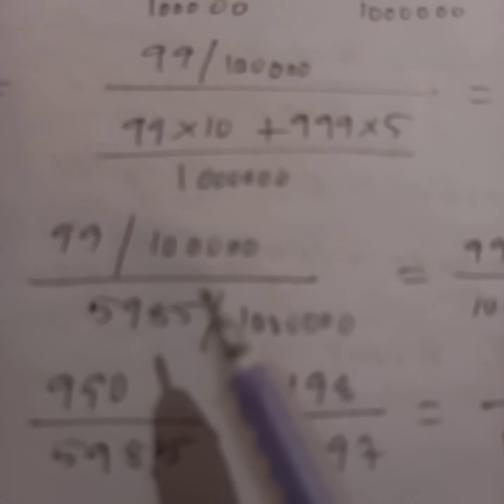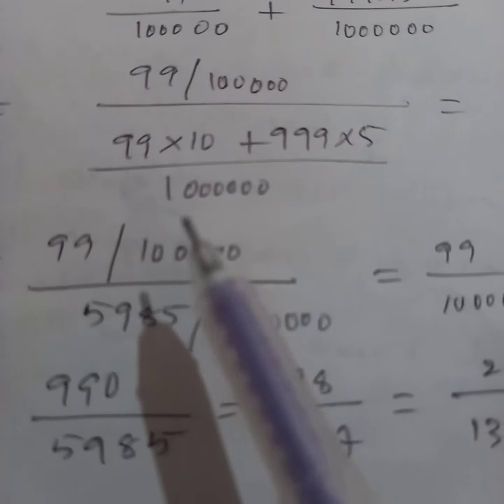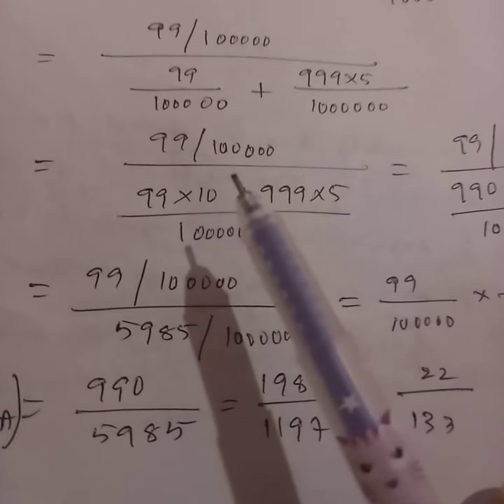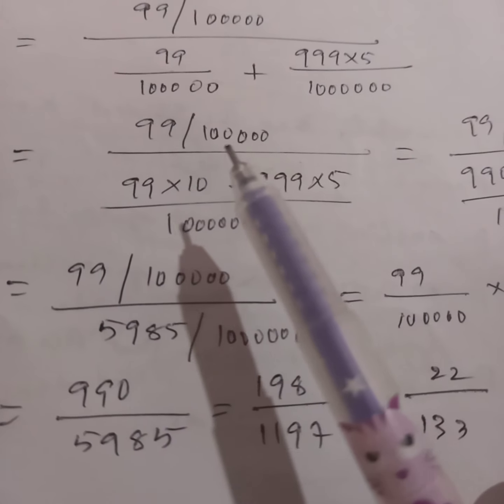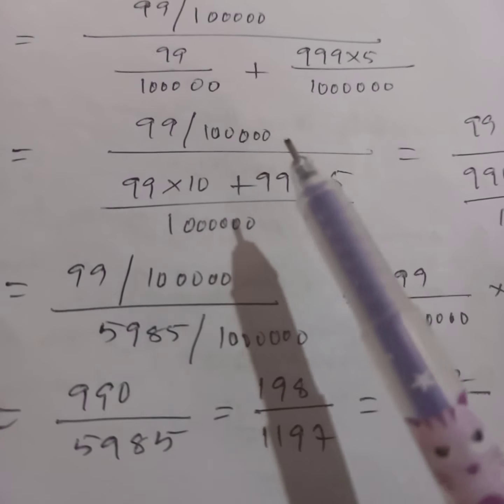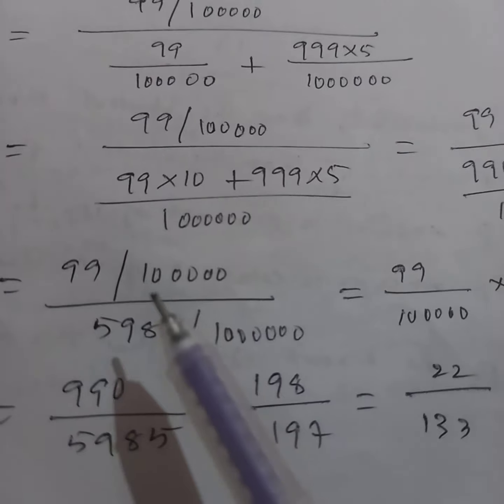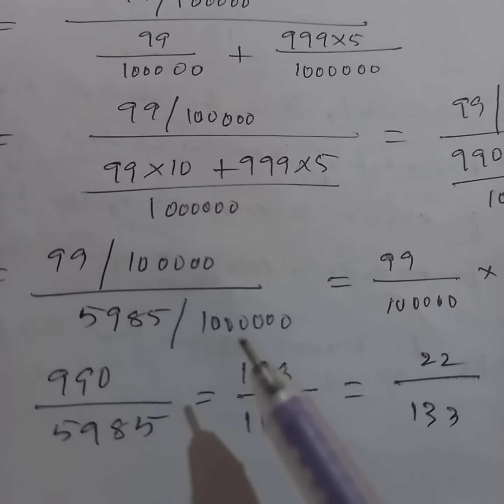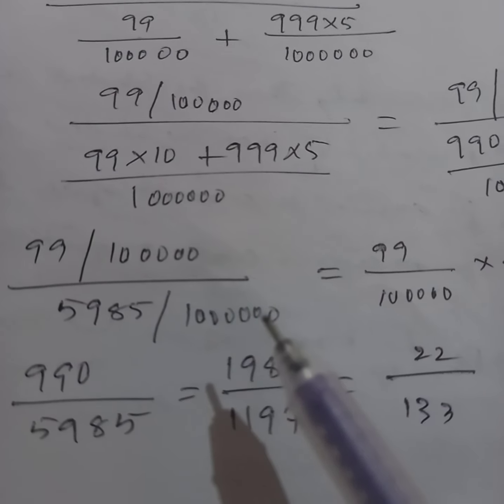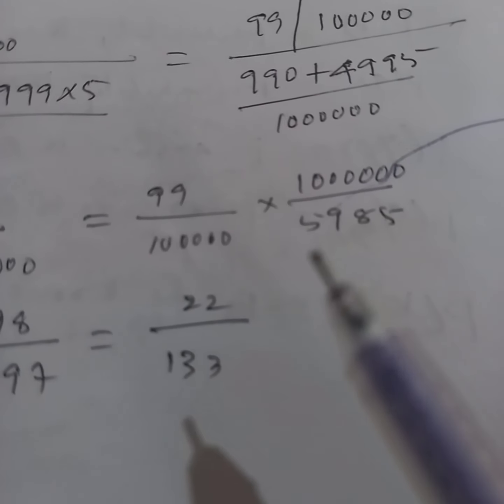And if you divide that, what happens? Here we have got 6 zeros. Okay. So if we divide, what happens?